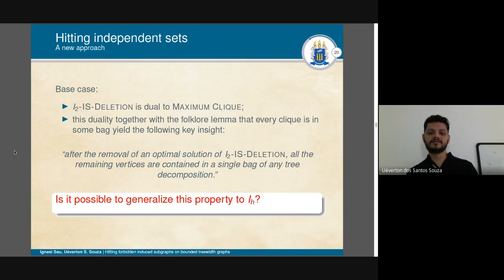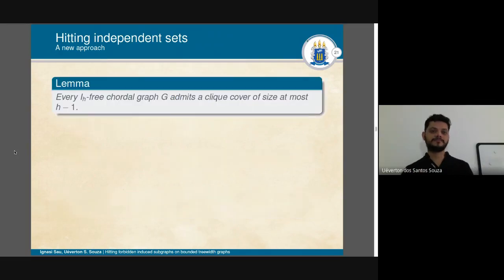So we could ask if it's possible to generalize this kind of property to independent sets of size h. To do that, we need to think about chordal graphs that are free of independent sets of size h. And we will show that chordal graphs free of independent sets of size h have a clique cover of size at most h minus 1.